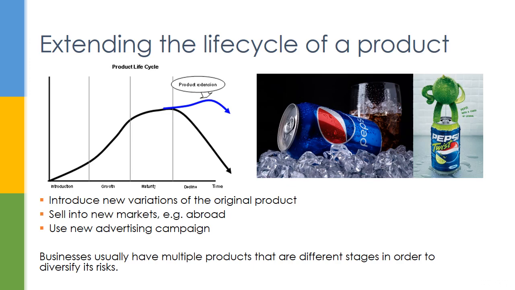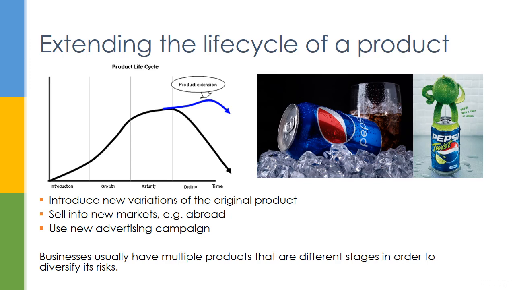So you try to sell into a new market such as China, where the economy is greatly booming and more people have more disposable income where they want to spend more on fast food. You could also use a new advertising campaign. So you could use new celebrities. You could use a new strategy in order to get people more enthusiastic about your product.